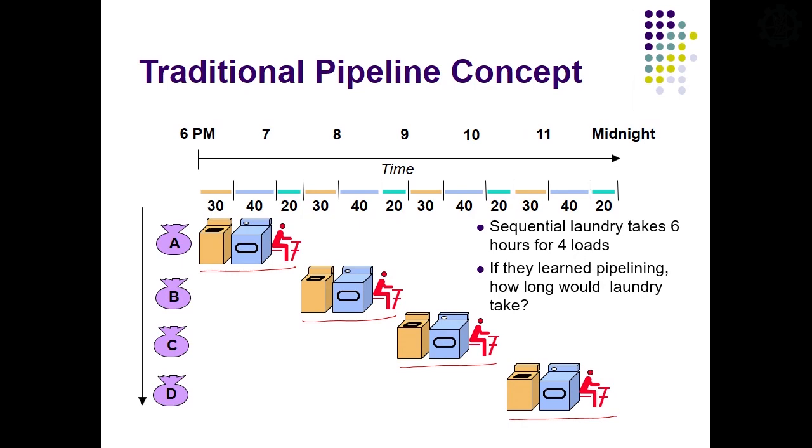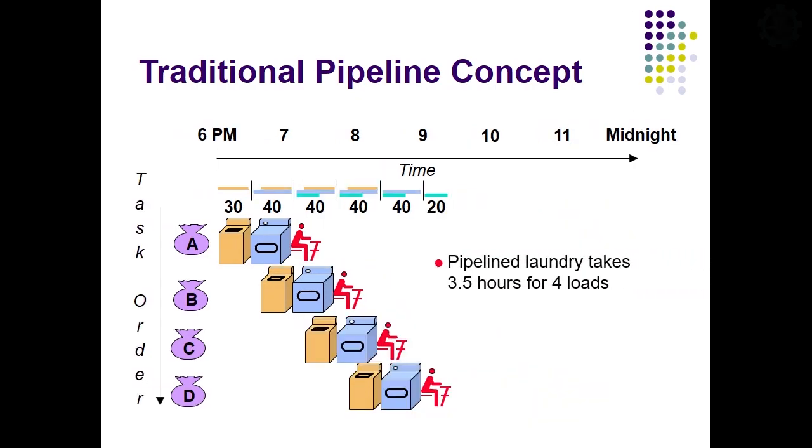Now, if you do it a little differently, how? We have 3 different units here. The first person completes washing and then moves to the dryer.